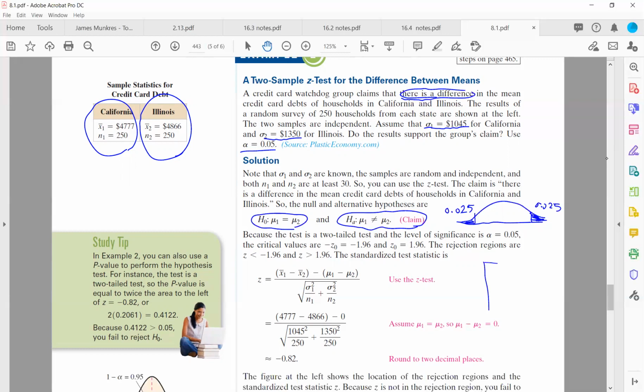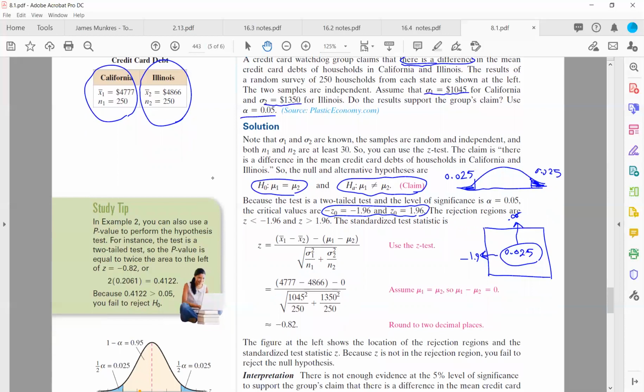You look at your z table, 0.025, and you find the z value, the critical value, related to this area, which is negative 1.96. Perfect. Since we have a two-tailed graph, we have negative and positive critical values, and rejection regions are on the left and right-hand side.